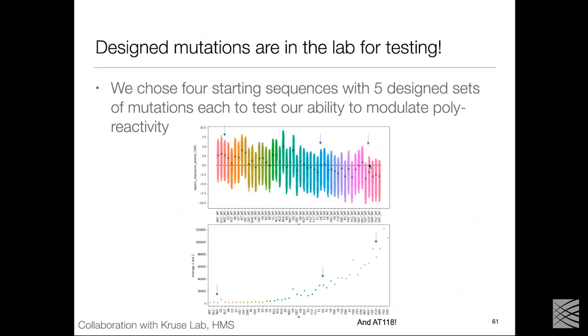We can do the reverse for a sequence with high polyreactivity measurements, and we can choose something near the middle of the experimental measurements and see if we can modulate the sequence in either direction. We have designed these mutations, and these are currently in the Cruise lab for testing. We are eagerly waiting those results.